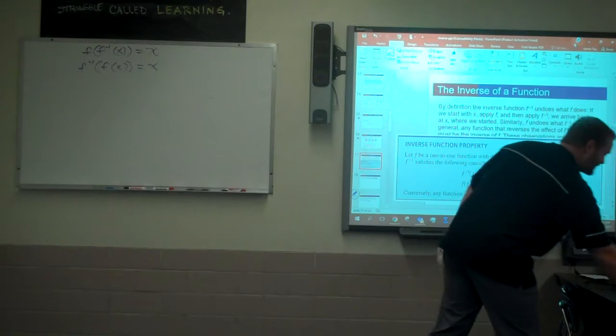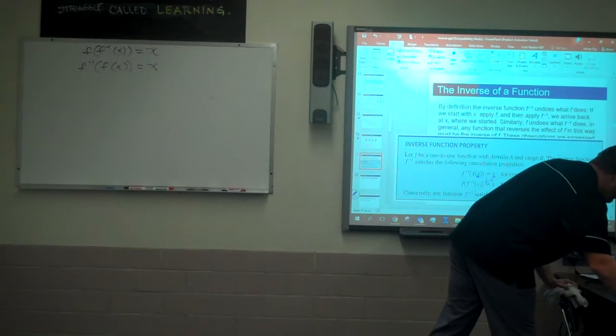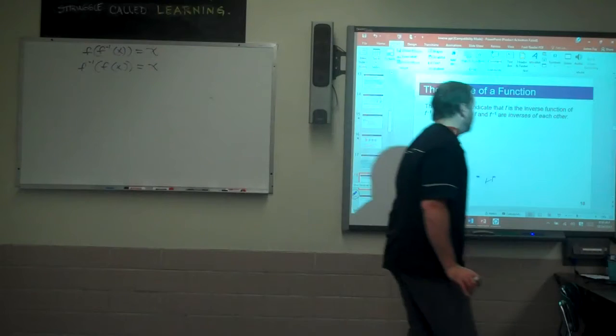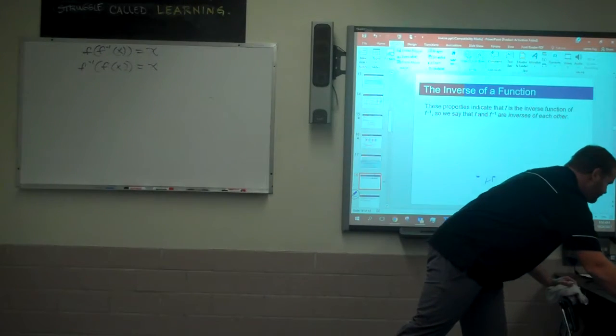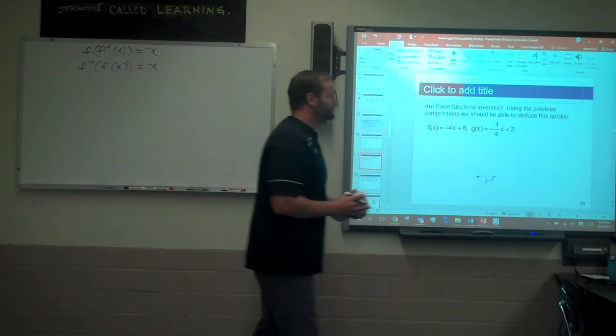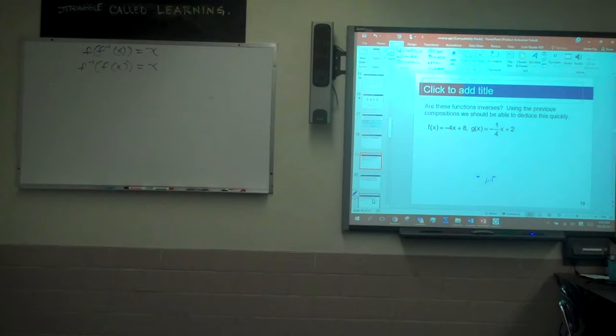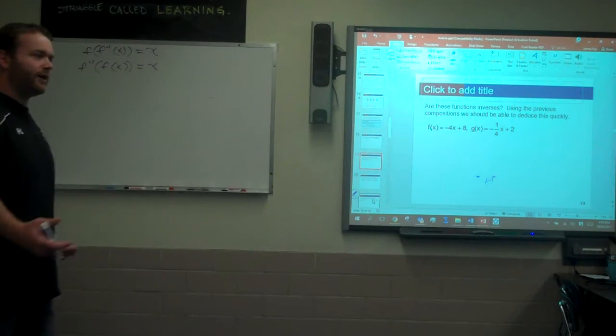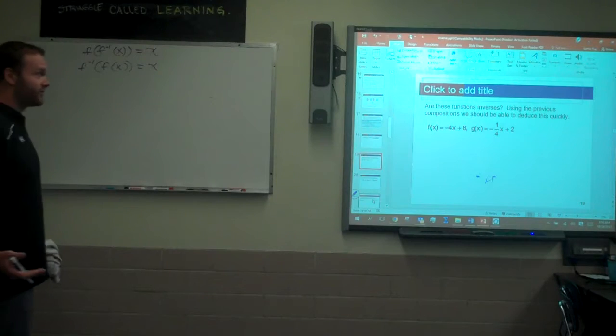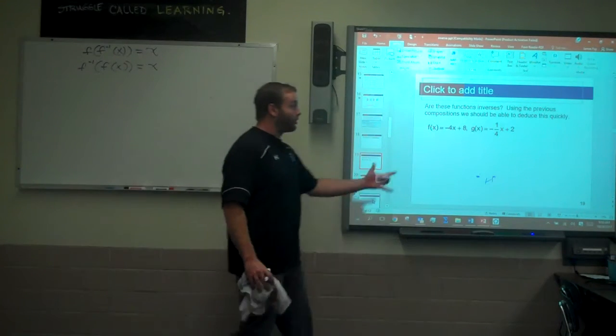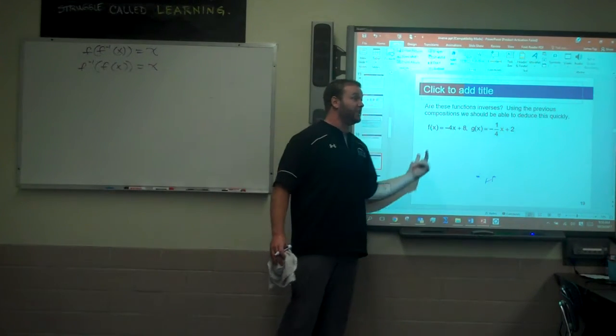A lot of times in the examples they give you, they don't necessarily use f and f inverse. They might use f and g. Usually if they use f and f inverse, the question is to verify that these are inverses of one another. They're telling you f and f inverse are inverses, but they want you to show the algebra that shows why. Here it just says, are f and g inverses?